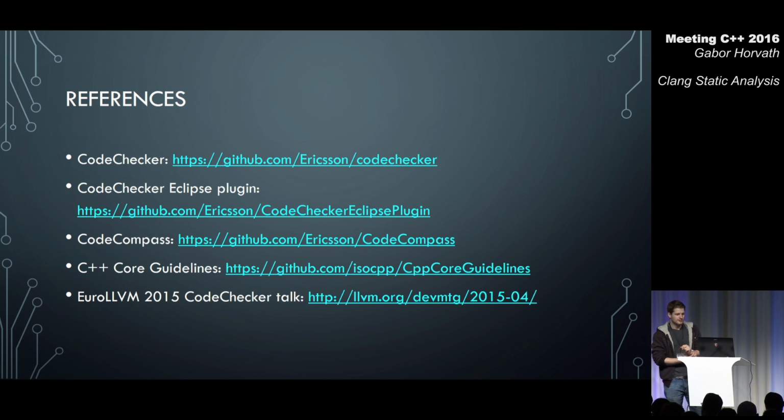Oh, so what is the support of the core guidelines? I did not compare it to other tools, but there is definitely some gap between the core guidelines and the implemented checks.